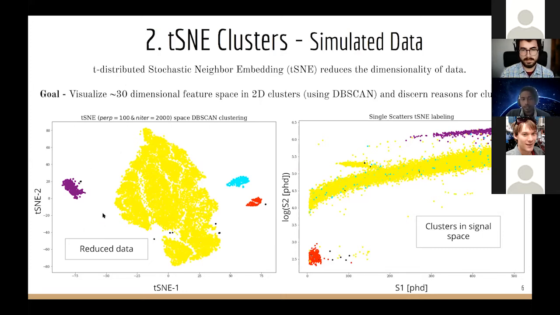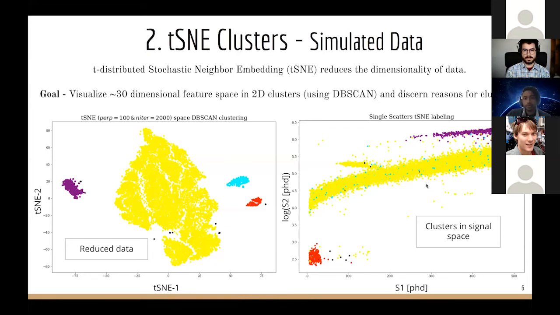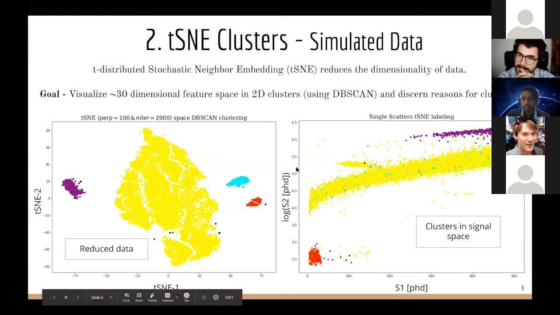So the plot on the left shows the 30-dimensional feature space compressed down into two tSNE variables. You see a big population here and clusters orbiting it. We can translate this into the analysis space that is more familiar to us, S1 versus S2.